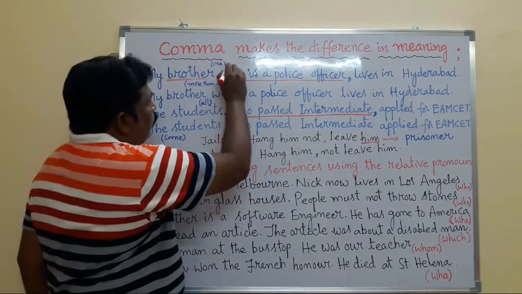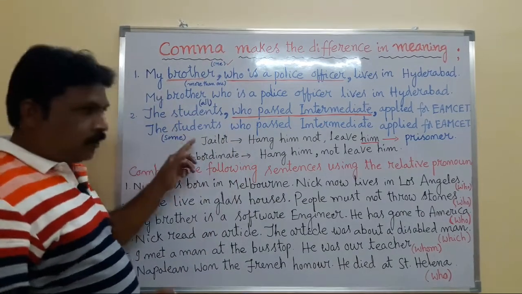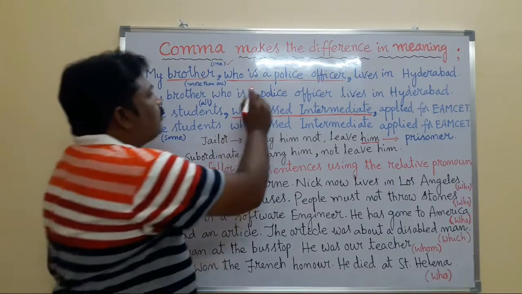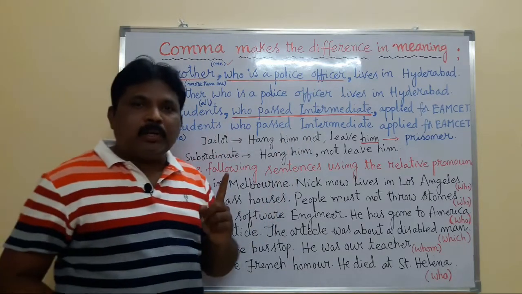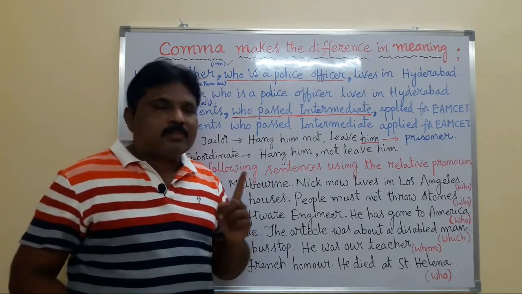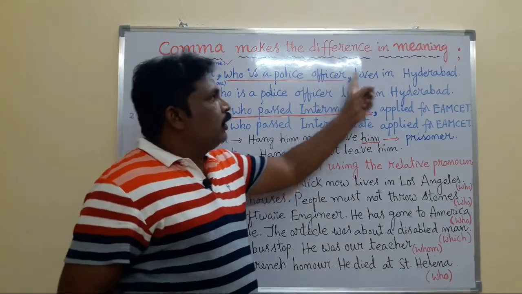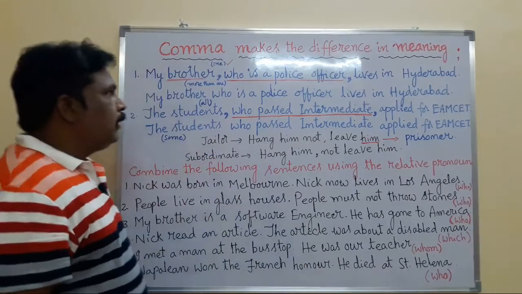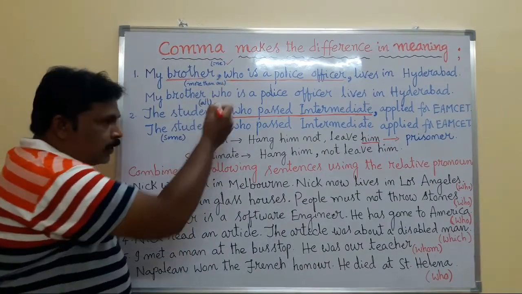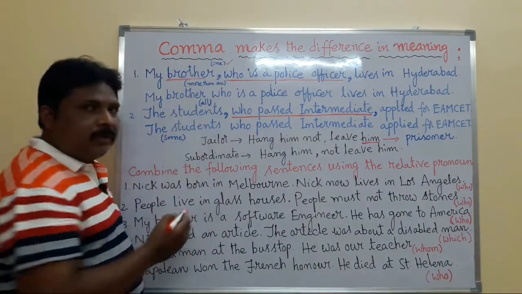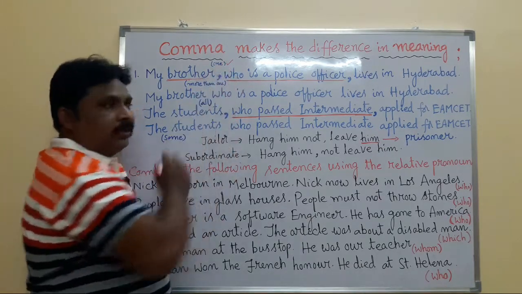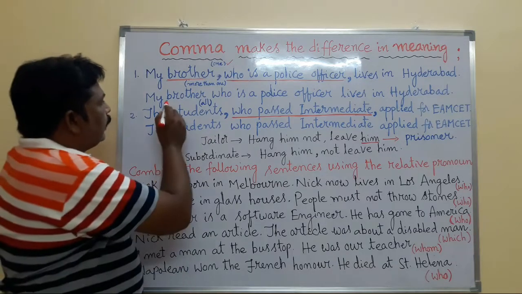My brother, who is a police officer. That one brother works as a police officer and lives in Hyderabad. That brother lives in Hyderabad. That is the meaning. When the relative clause is separated by comma, here my brother, it refers to the speaker having only one brother.